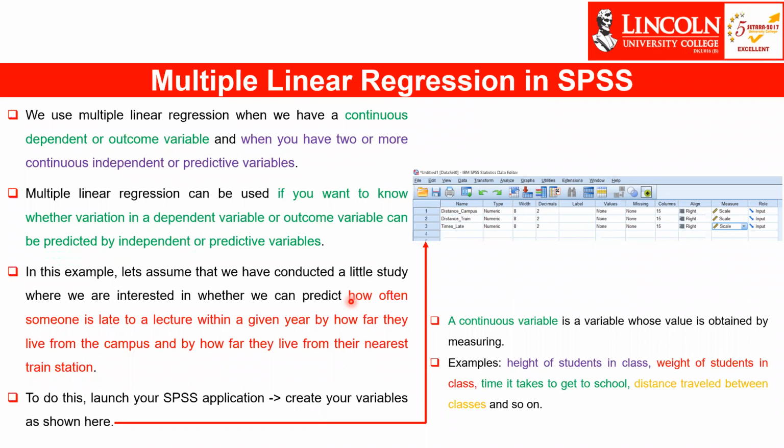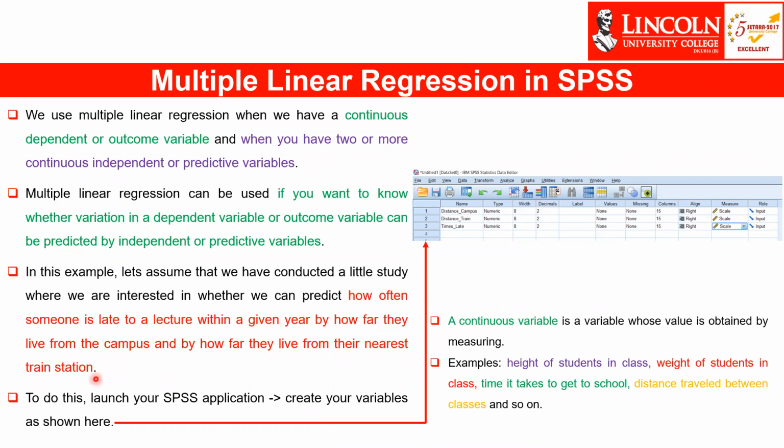So in this example, let's assume that we have conducted a little study where we are interested in whether we can predict how often someone is late to a lecture within a given year by how far they live from the campus and by how far they live from their nearest train station. For those of you who will be doing predictive analysis, definitely you will need linear regression.